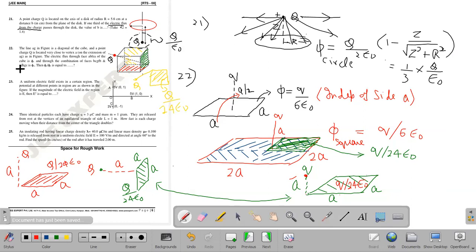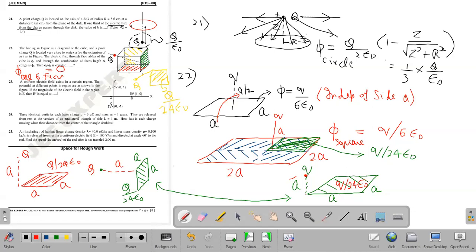Whereas total flux for the cube, which is the flux for all six faces, according to Gauss law, this charge is outside the cube, and cube is a closed body. Whenever a charge is present outside any closed body, the total flux for that closed body should be zero according to the Gauss law.